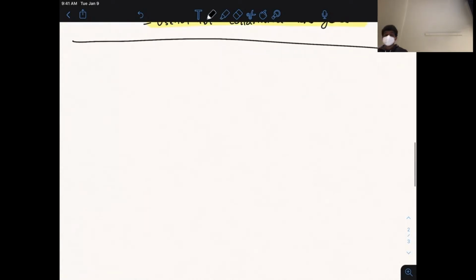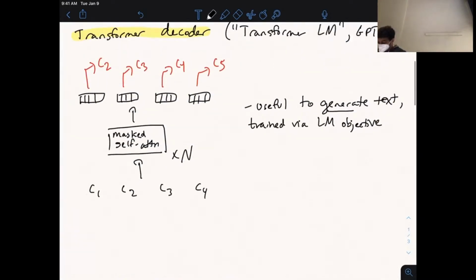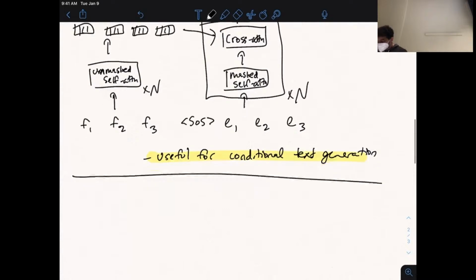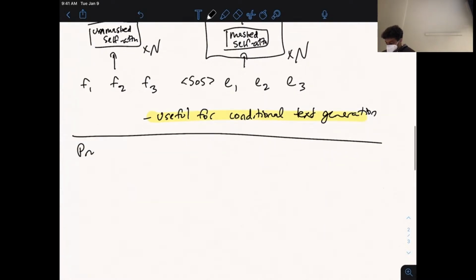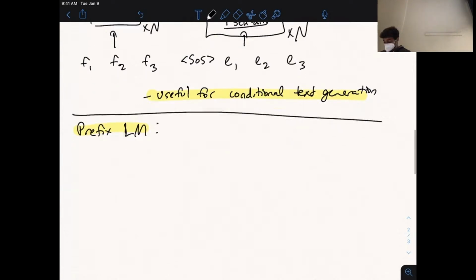The last configuration that I want to talk about, which is just a variant of this decoder only model, is sometimes referred to as a prefix LM, or like a transformer prefix LM. And it's common to use something like GPT-2, you can fine tune it as a prefix LM.